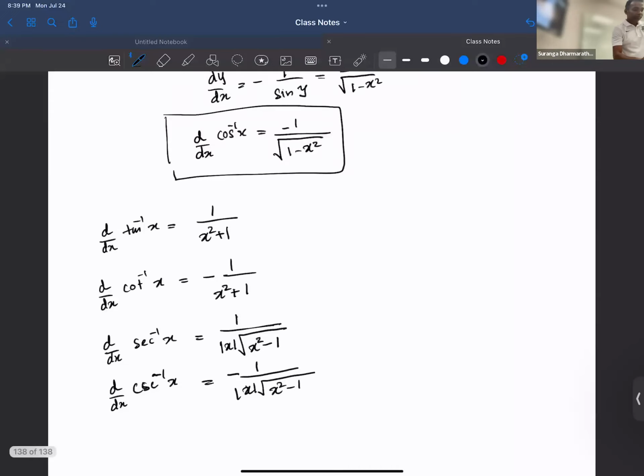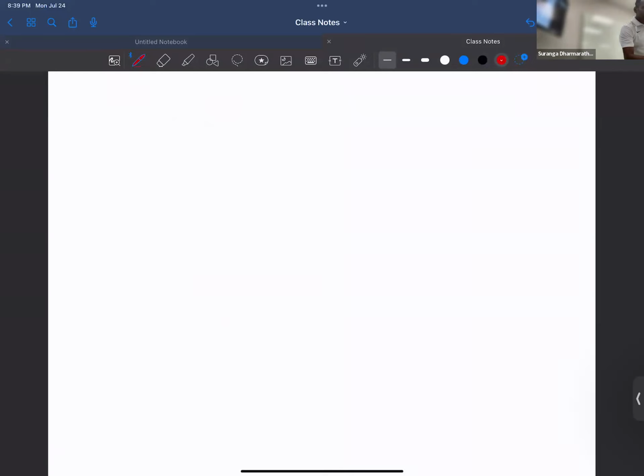So the first example: y equals sine inverse of x squared. Let's try to do that.